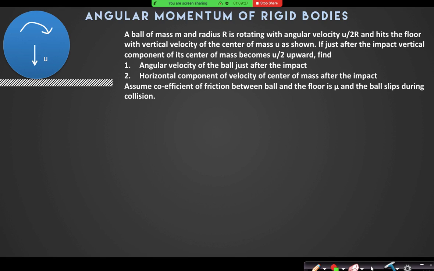Find the angular velocity of the ball just after the impact and the horizontal component of the velocity of the center of mass. Assume the coefficient of friction between the ball and floor is mu and the ball slips during the collision. Try to write down the equations. I'm sure you can find it.